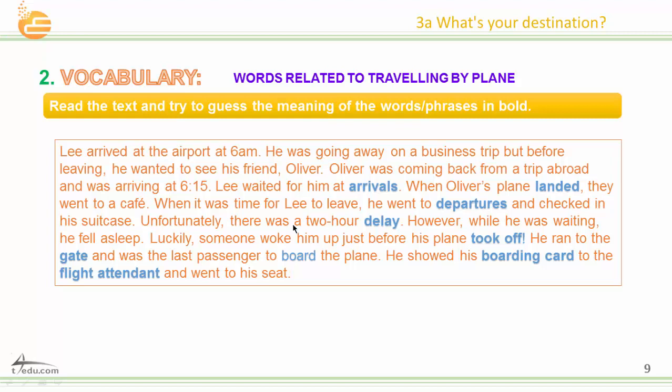Unfortunately, there was a 2-hour delay. However, while he was waiting, he fell asleep. Luckily, someone woke him up just before his plane took off. He ran to the gate and was the last passenger to board the plane. He showed his boarding card to the flight attendant and went to his seat.